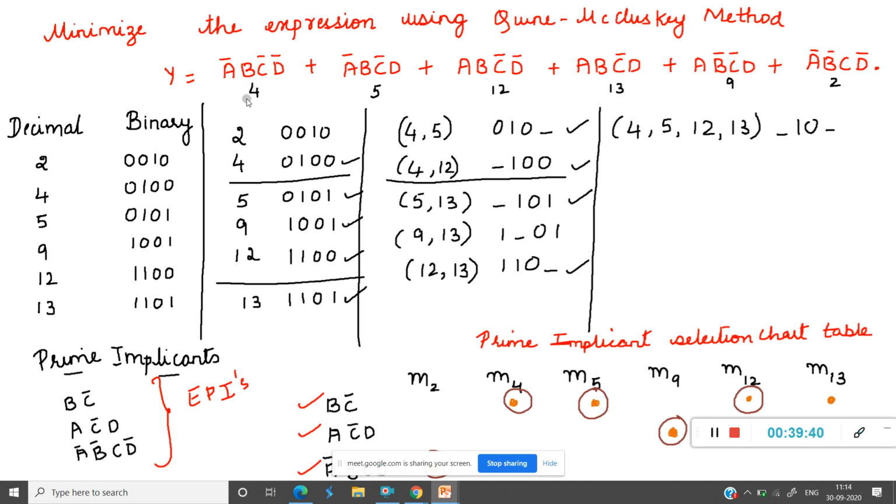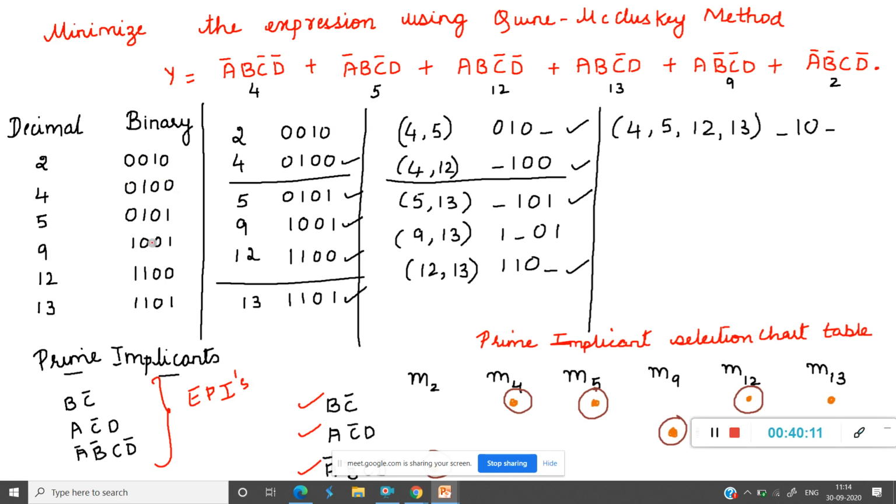So what I have done, I have listed these min terms as it is. 2, 4, 5, 9, 12, 13. So 2 is there, 4 is there, 5 is there, 9 is there, 12 is there, 13 is there. What I have done, students, is I have written in the binary form first.